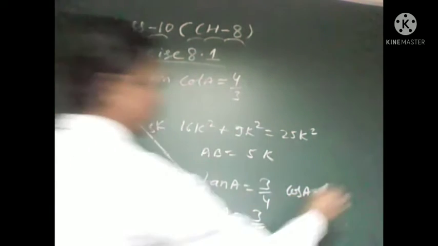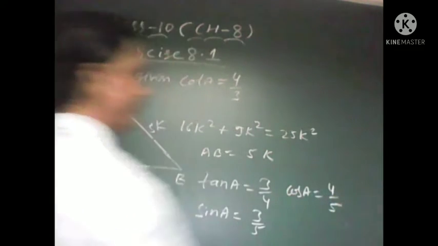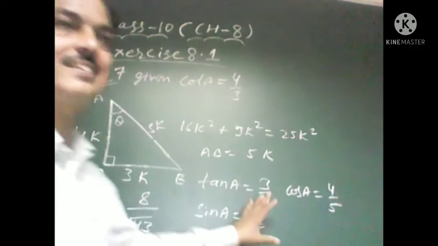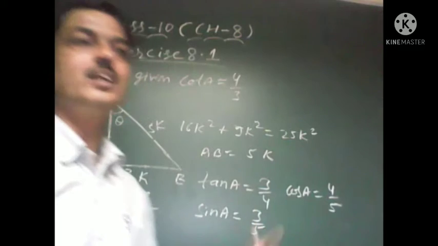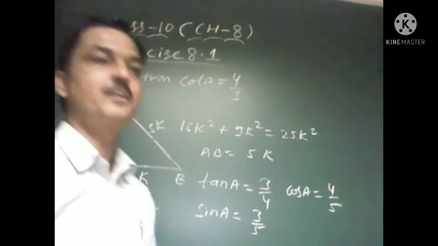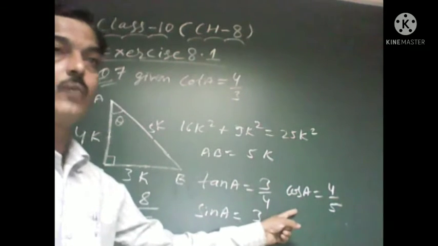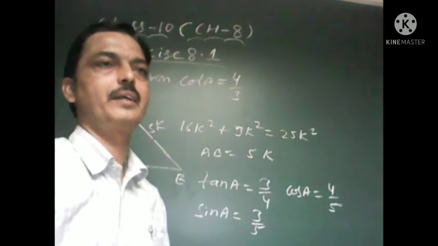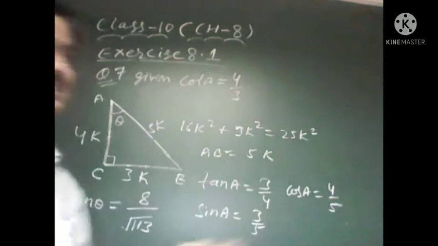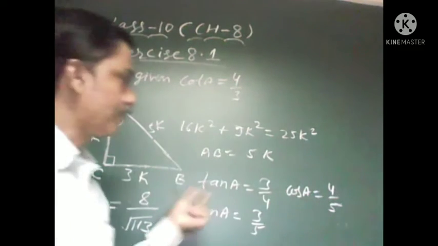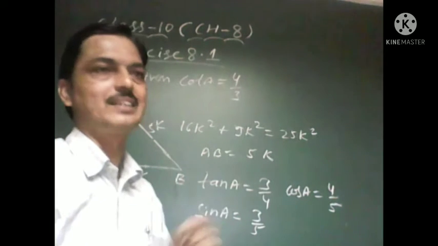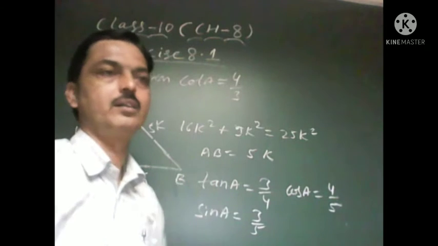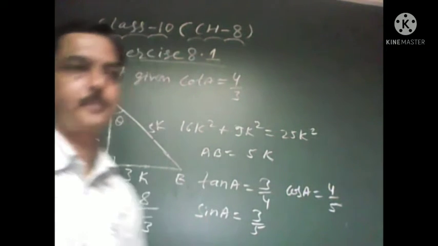Adjacent upon hypotenuse, 4 upon 5. Now, by putting the values in the LHS and RHS, you can easily verify that (1 minus tan square A) upon (1 plus tan square A) is equal to cos square A minus sin square A. The rest of the part is calculation, right? So first, by putting the values in the expression, you can easily verify the given equation.